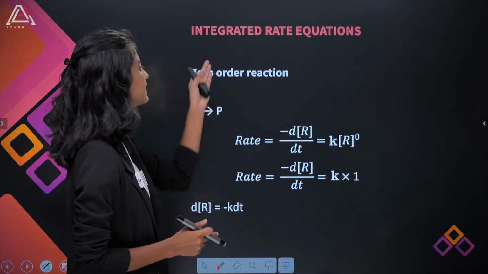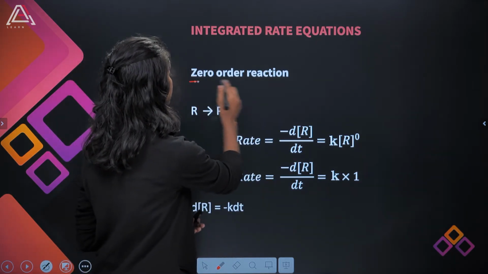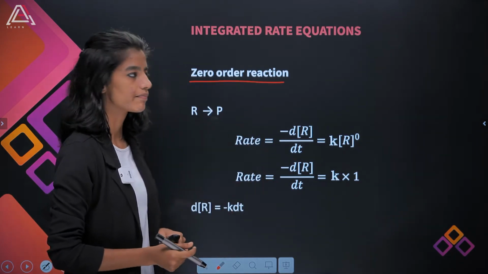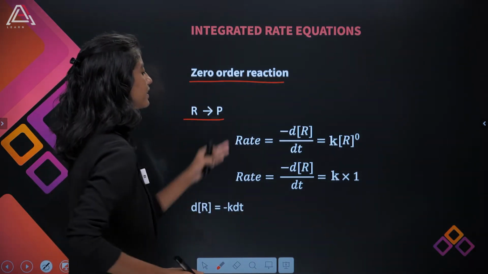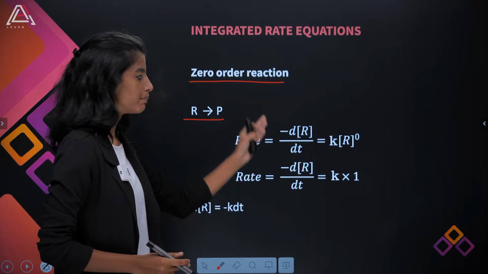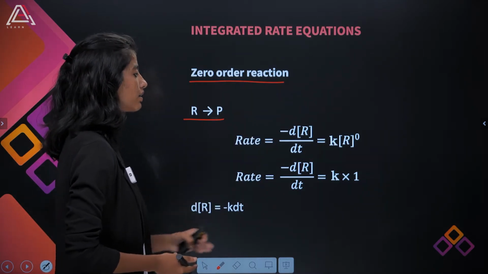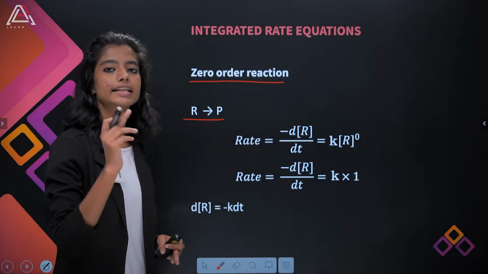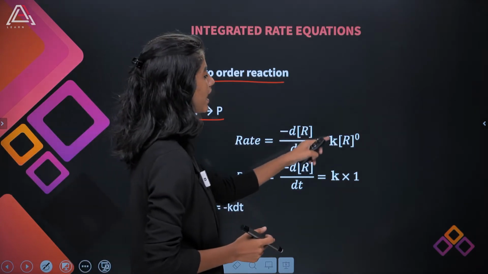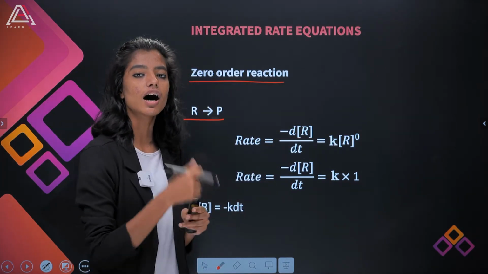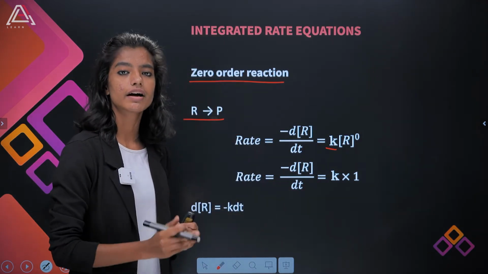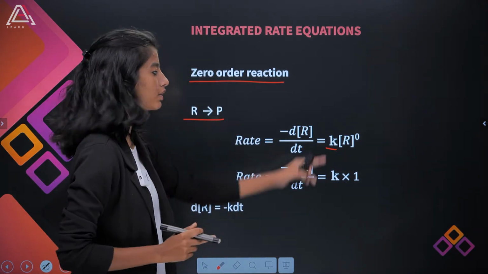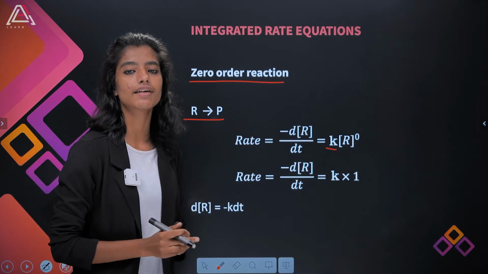First, let's learn the integrated rate equation for zero order reactions. Let's assume there is a reactant which will become product and the rate will be equal to minus d concentration of R divided by dt, and that will be equal to K into concentration of R power 0, where K is the rate constant. Whenever there is a power 0 over the concentration, it will give the value 1.